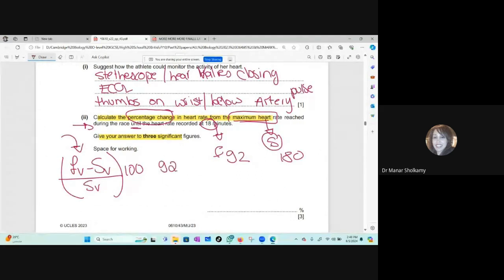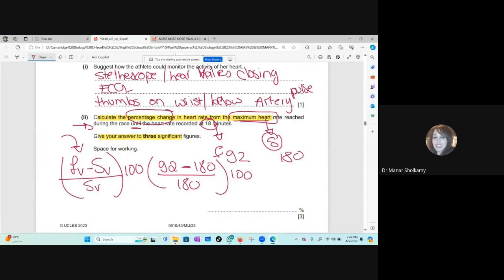92 minus 180, divided by 180, times 100. Let's calculate that. This will be a negative value because I am recovering. So the heart rate was high and then it will reduce. 92 minus 180 is minus 88, divided by 180, times 100.